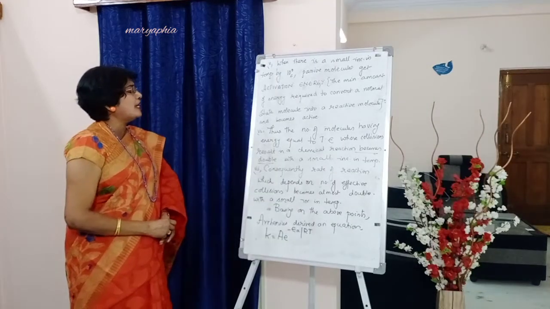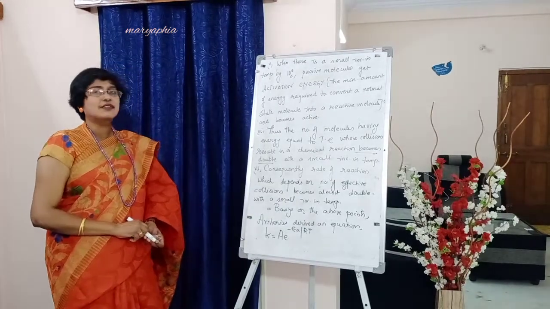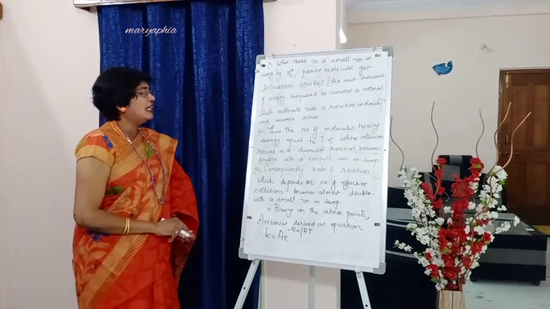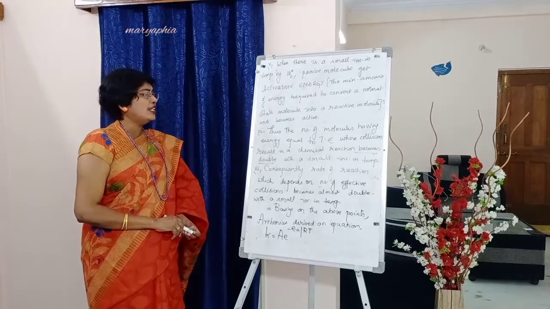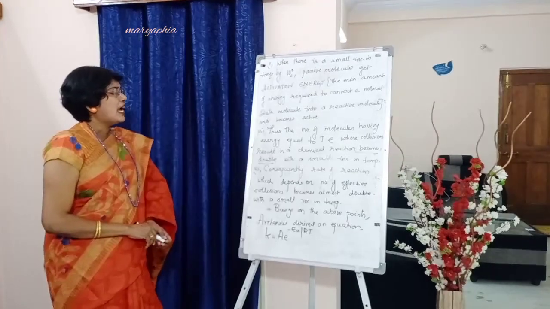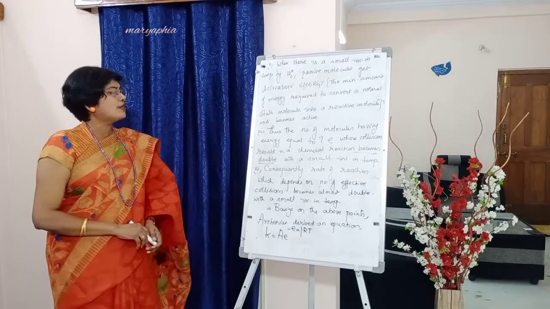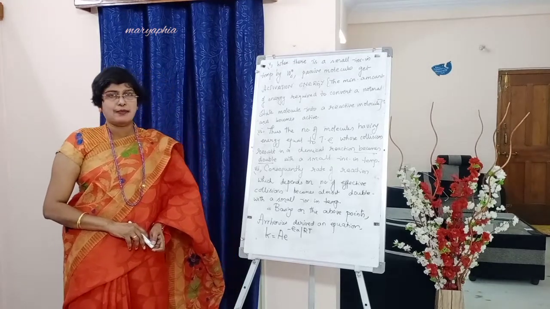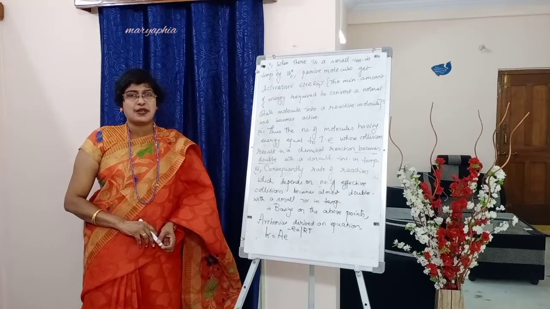So write down the next point, number 6, students. Thus, the number of molecules having energy equal to threshold energy whose collisions result in a chemical reaction becomes double with a small increase in temperature.